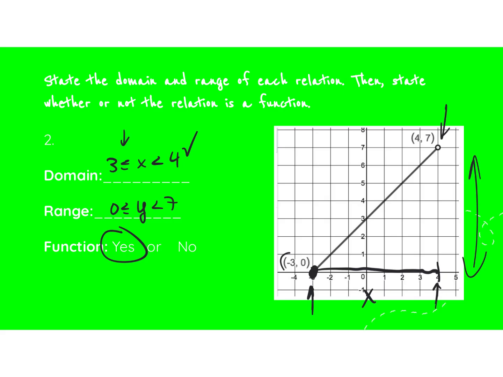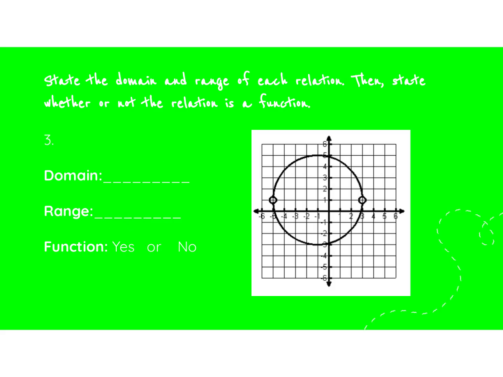Finally, this one: open circle, but everything in between. So it's going to be -5 less than x less than 3. Then my range, I top out here at 5 and I bottom out here at -3, and that's going to include those.